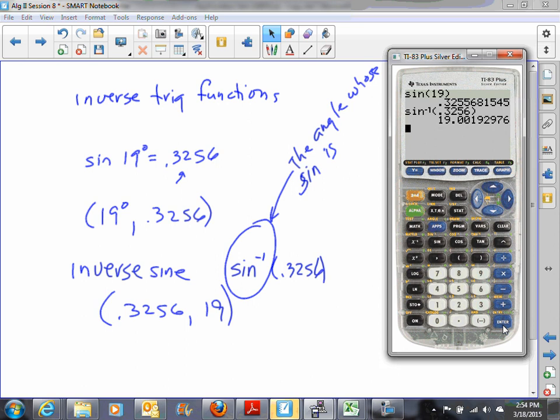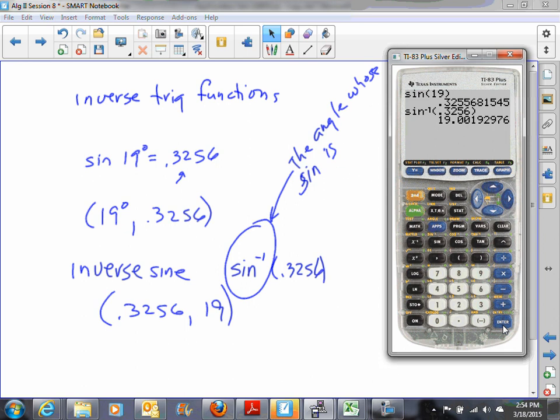So what we did was we got the angle whose sine is 0.3256. In other words, if we take the sine of that angle, we'll get 0.3256. So the inverse functions can be used to find missing angles.